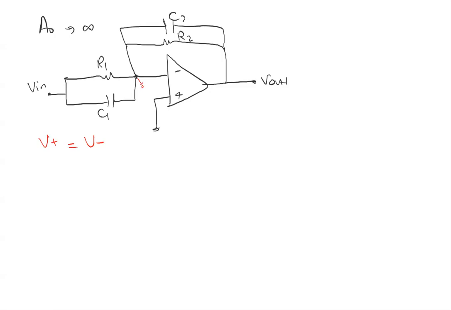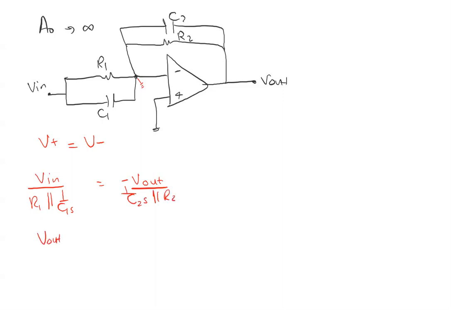So we will have Vn divided by R1 in parallel with 1 over C1s. This is equal to 0 minus V out over 1 over C2s in parallel with R2.